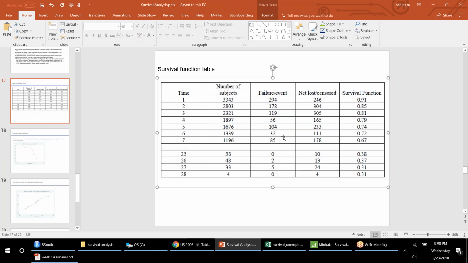You have seen that, right? Number at risk variable or failure variable. So how many have got the event? How many of them died? Or how many of them have survived? That's the number at risk variable definition.